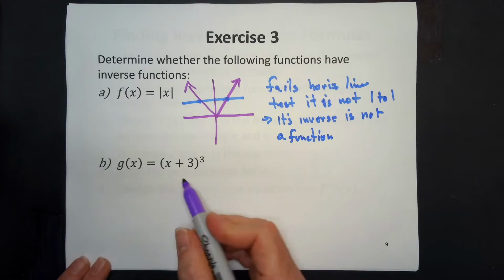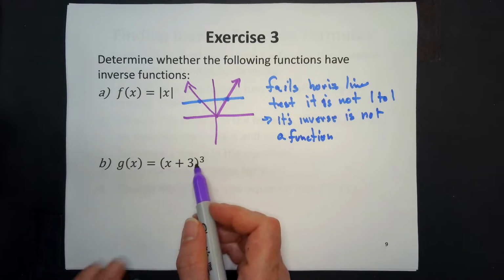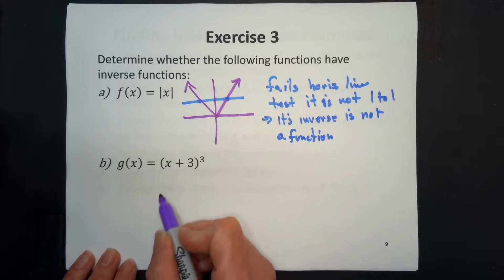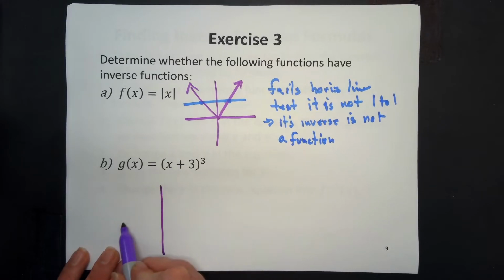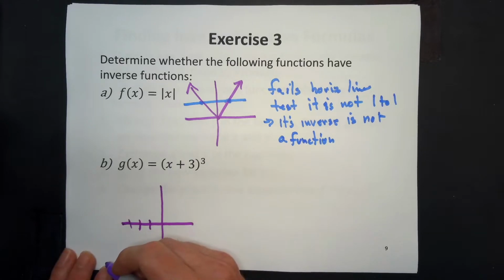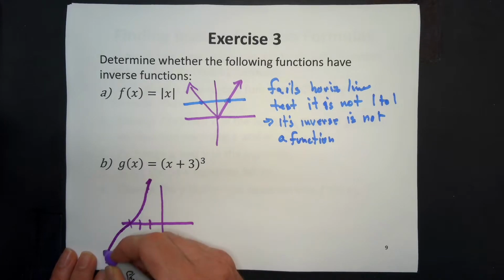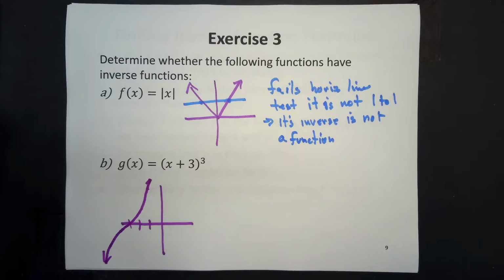Next one here, we have a cubic graph that's been moved. When we add to the inside, we move left. So I'm going to go 1, 2, 3, and then we're just going to graph that cubic graph. We've been practicing this. It's going to look something like that. This is just a rough sketch. And you can see when we draw horizontal lines, it's going to pass at every point.